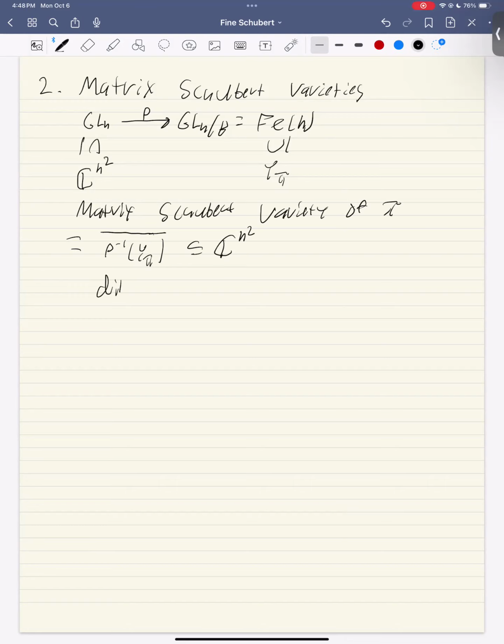My convention is that we'll call this X_pi, the matrix Schubert variety. My convention is the dimension of X_pi is equal to n squared minus the length of pi. So the length of pi is the codimension of X_pi.